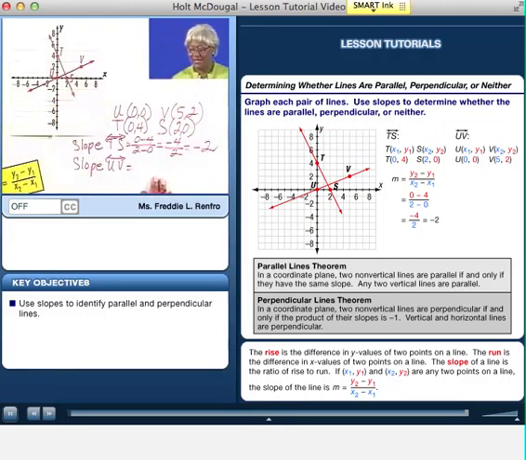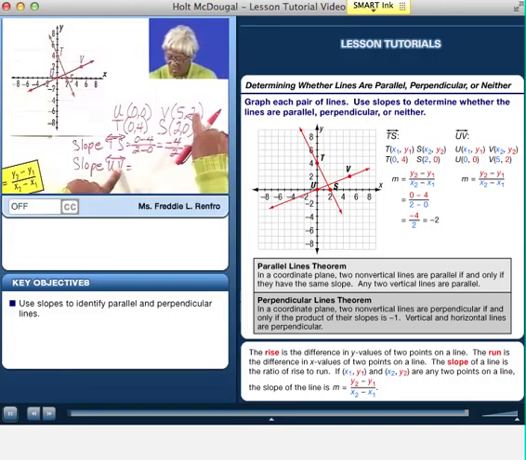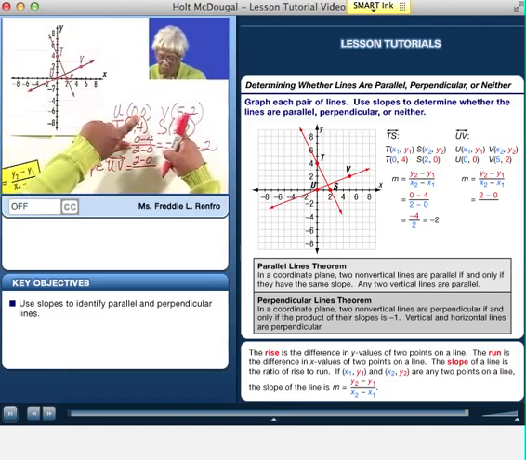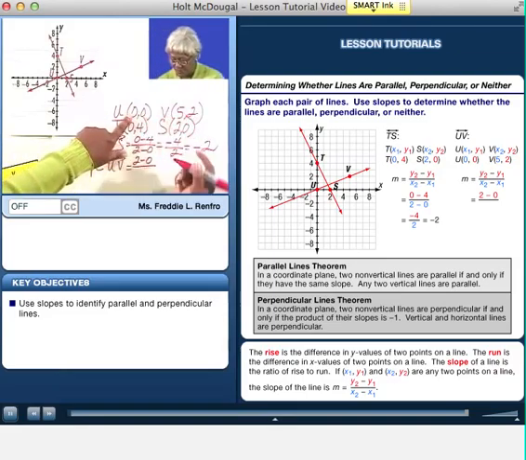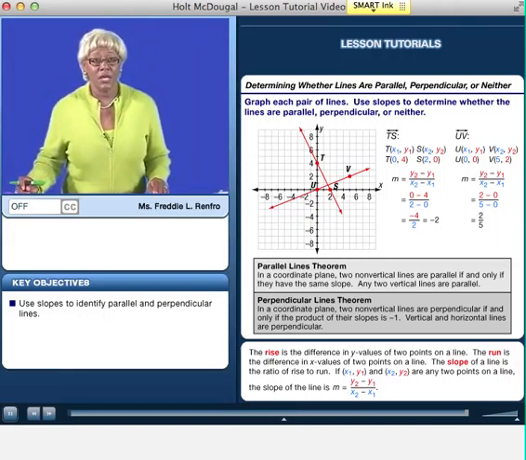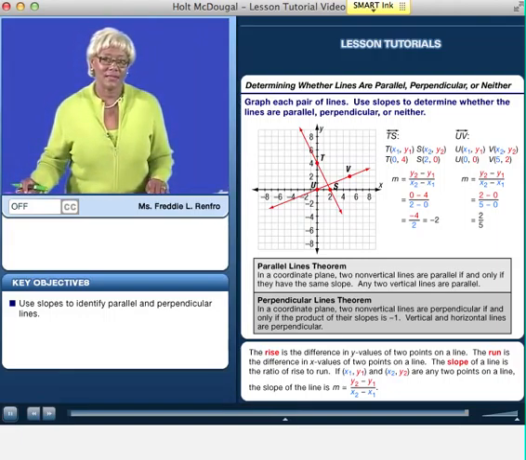Okay, now let's substitute in the formula. UV, 2 minus 0 over 5 minus 0. And what do we get? We get 2 over 5.